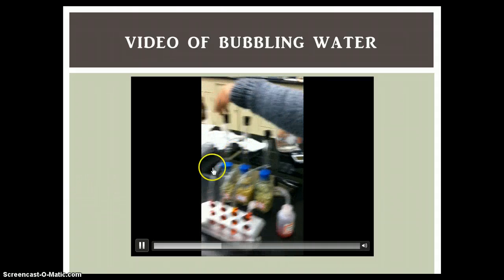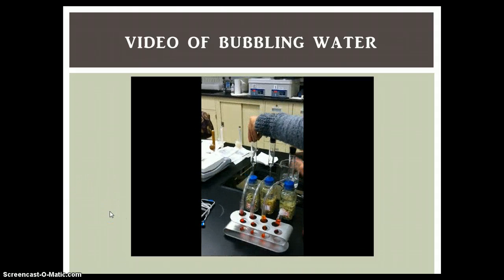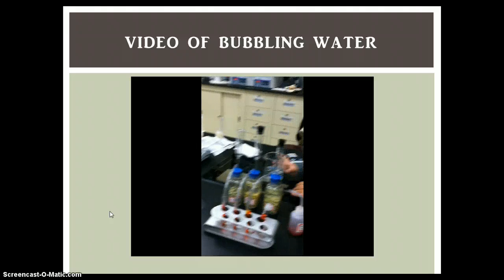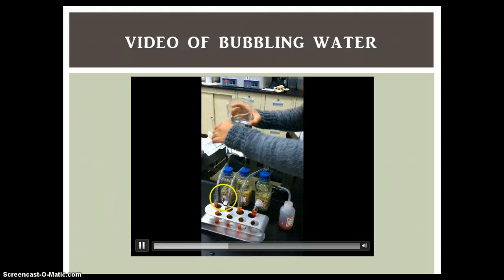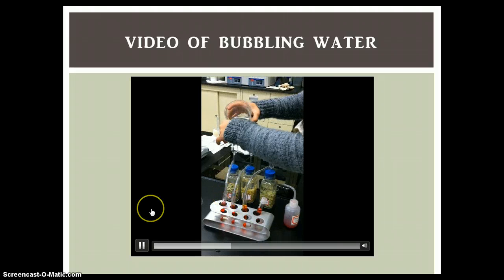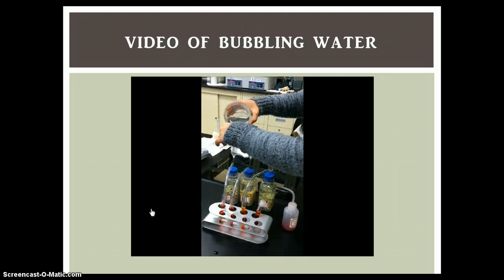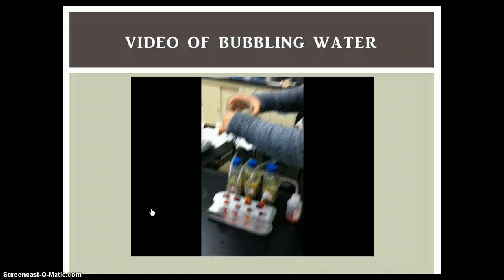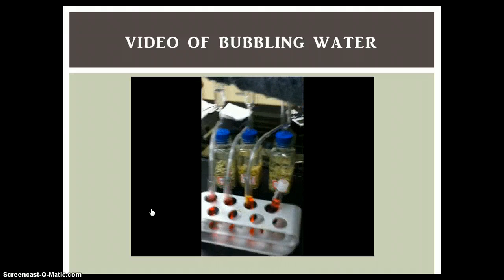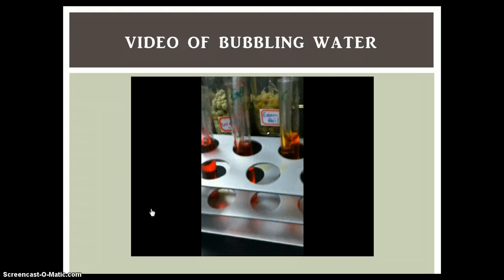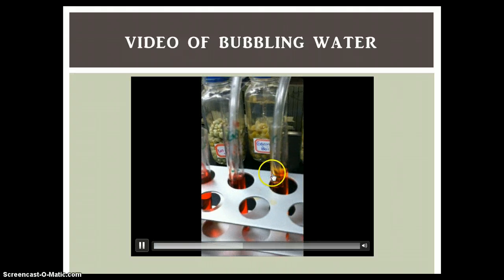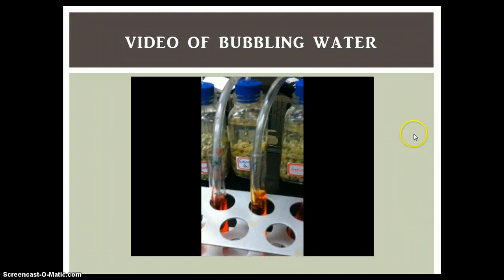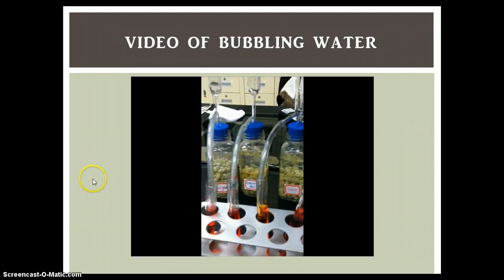We're putting the stopper here so we don't let any gas come out. And this is our last one. This one was the ungerminated peas. Here we're adding the water to it. Yeah, this one already turned yellow. This one didn't turn anything. And we're waiting for our results for the next one.